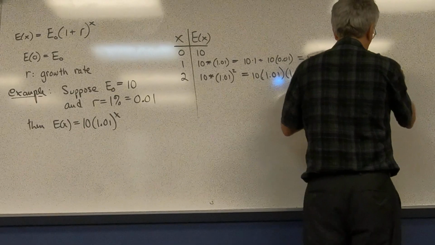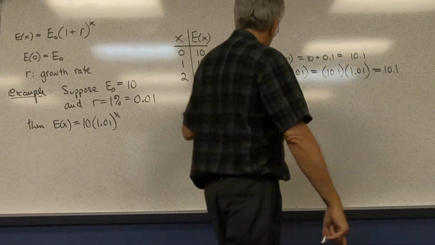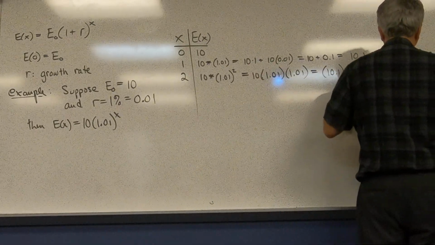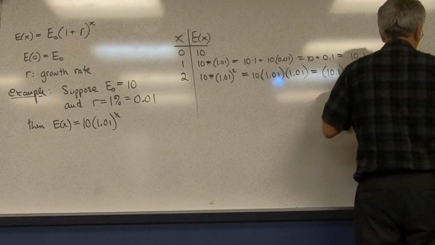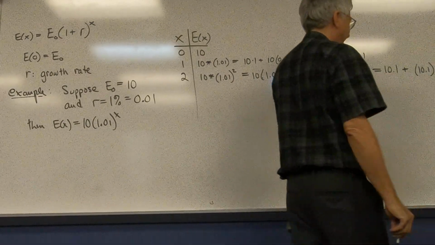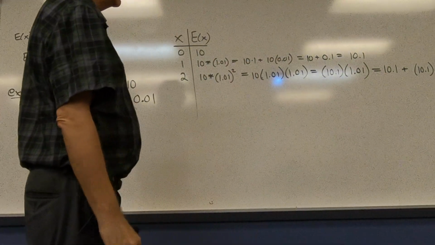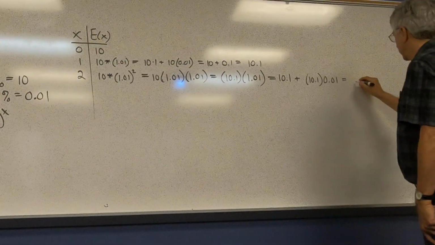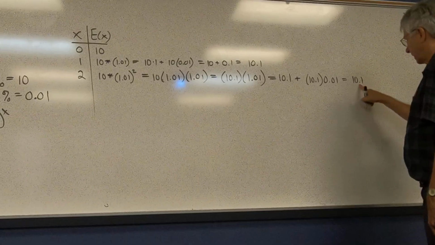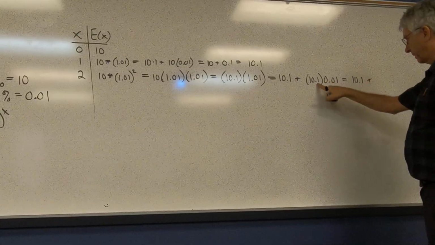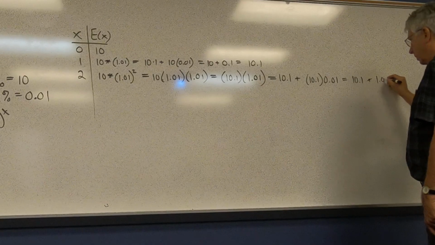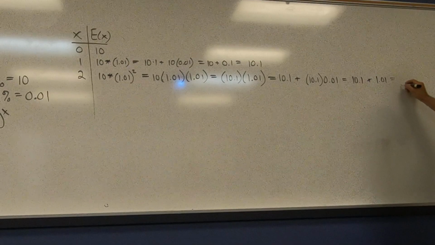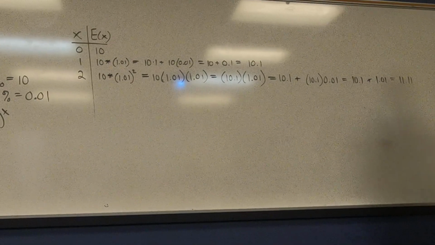After 1 unit of time, we have 1.01 plus 1% of that. That's going to be what we started with plus 1% of that, and when you combine those, you get 11 and 11/100ths.